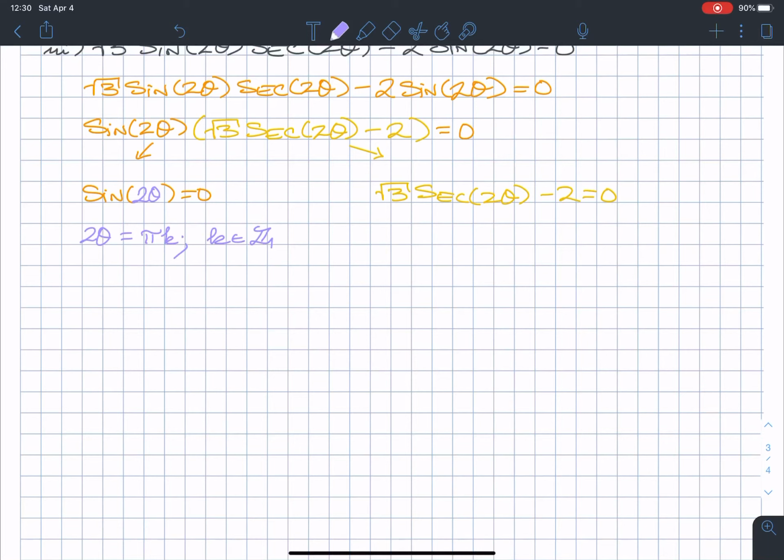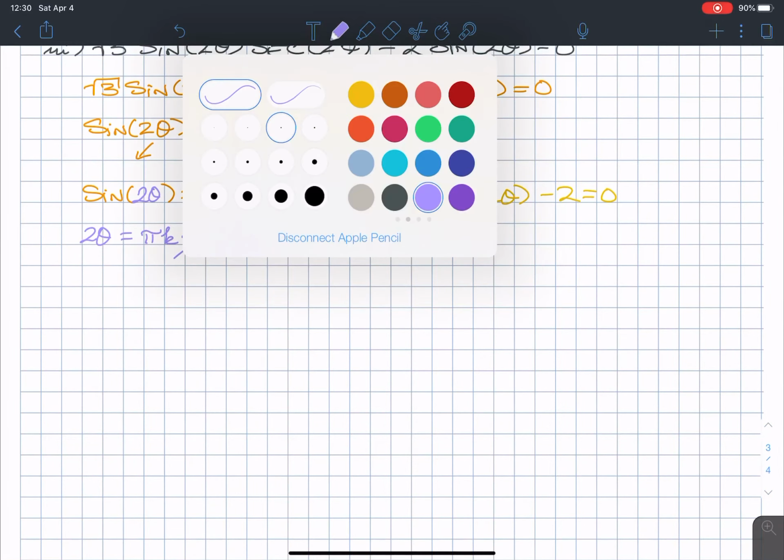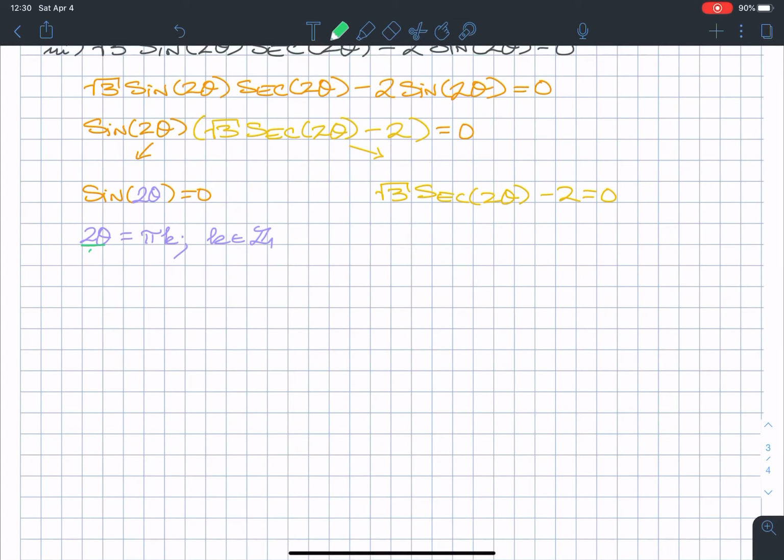But I'm not solving for 2 theta, I'm solving for theta. So what we want to do then is divide both sides by 2. So we get that theta is going to be pi over 2 k, where k is an integer.